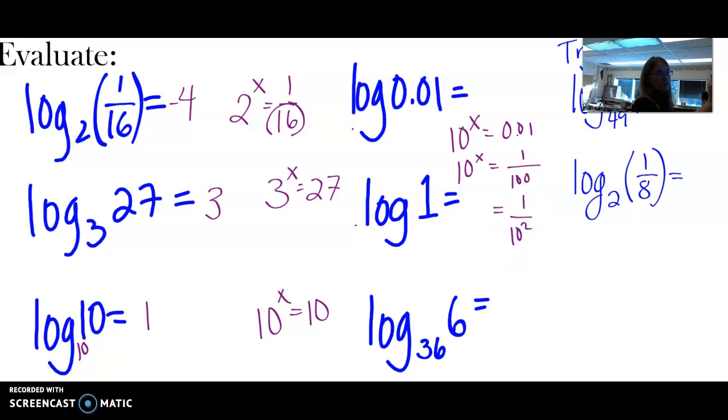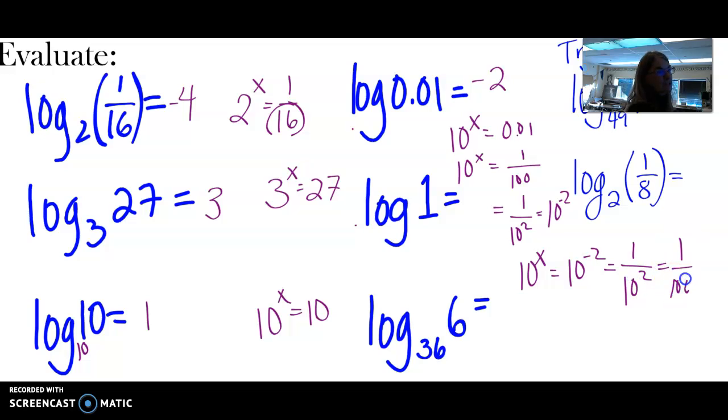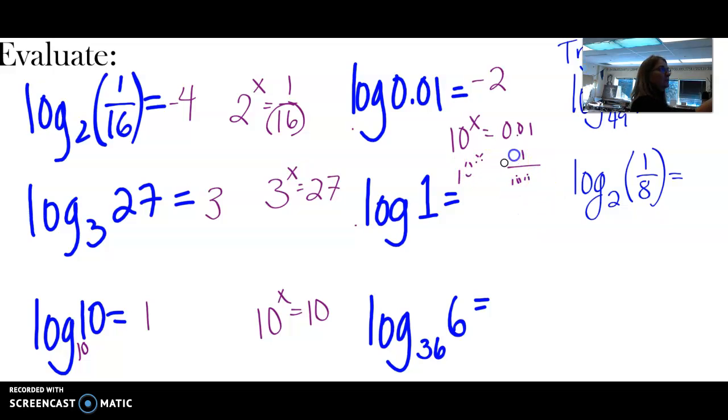Bring it up to the numerator, it's 10 to the negative second power. So this would be -2, because 10 to the negative second, working backwards, is 1/10 to the second, which is 1/100, which is 0.01.